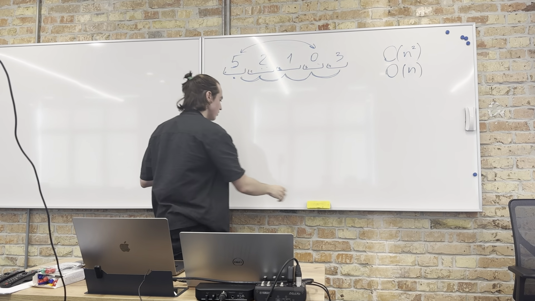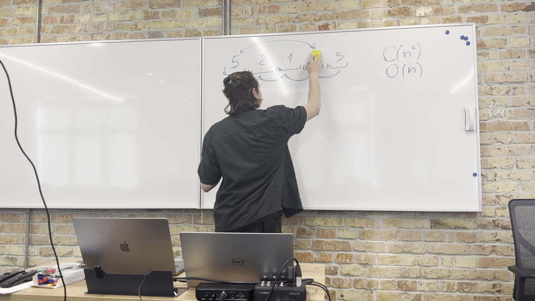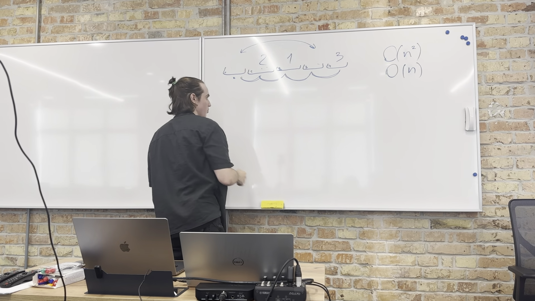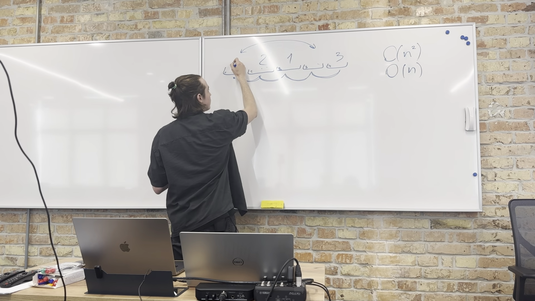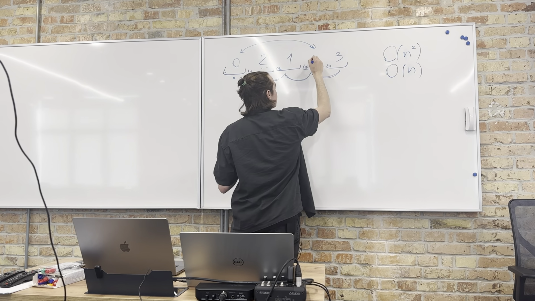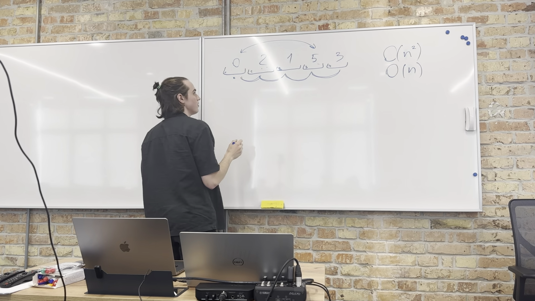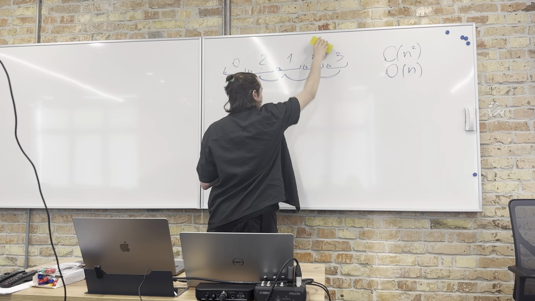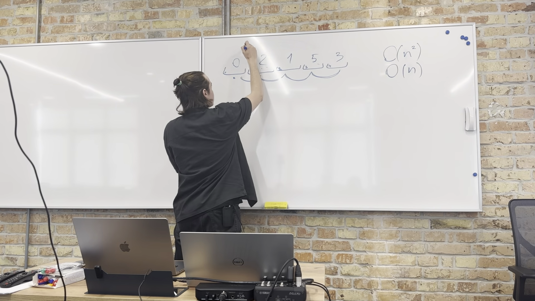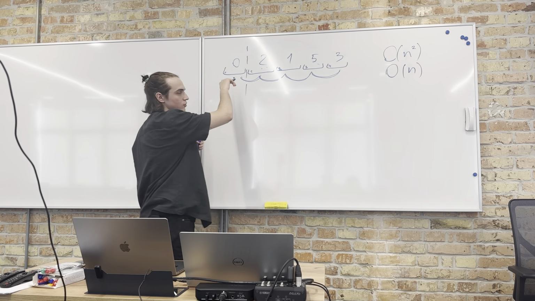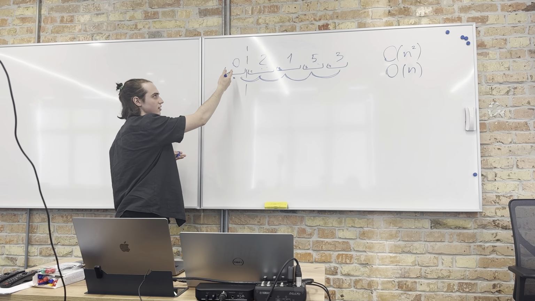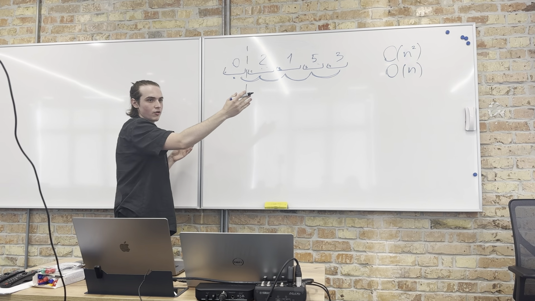After the first operation, we have something like this. And then we say that this part of the list is already sorted, because it's the lowest element in the whole array.